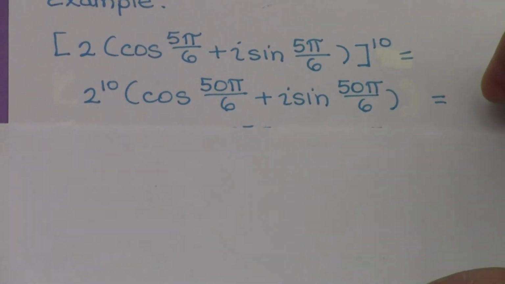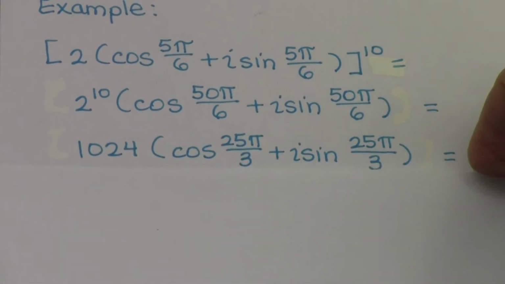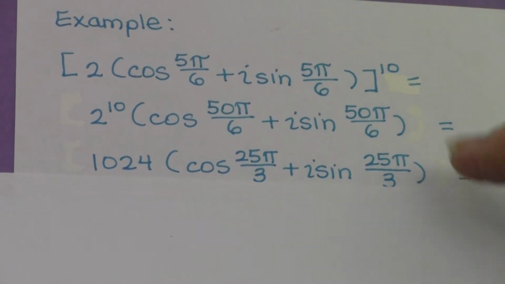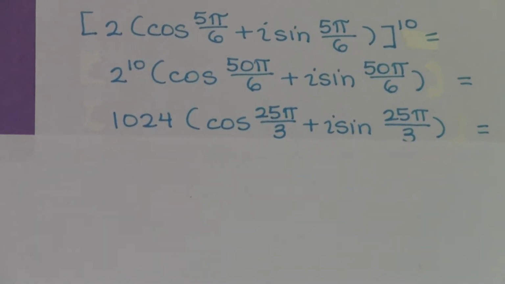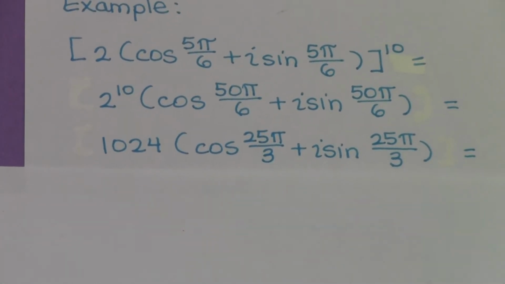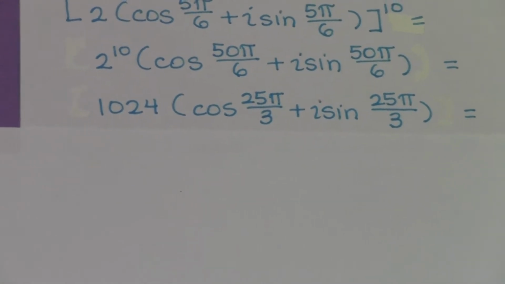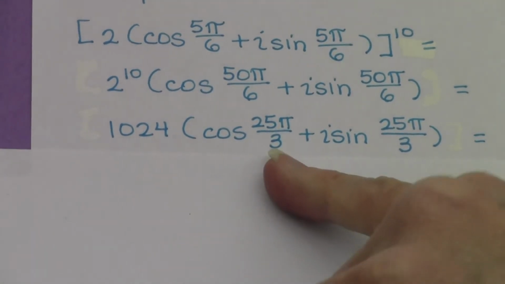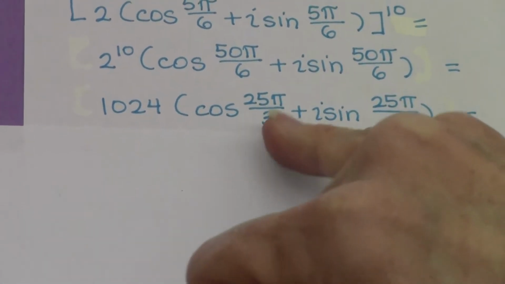Okay, I have done the 10th power of 2, and that's 1024. And then I figured this was kind of big to work with, so I reduced it to 25 pi over 3. Still, that's a lot of wandering around the unit circle. That's like 8 1/3 pi as a mixed number.